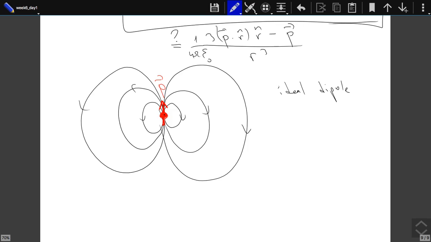No, it's just that we have two point charges, and then we take the limit that the separation between these two point charges goes to 0, and their charge goes to infinity, so that one is plus q, the other minus q, and q times this distance remains finite.